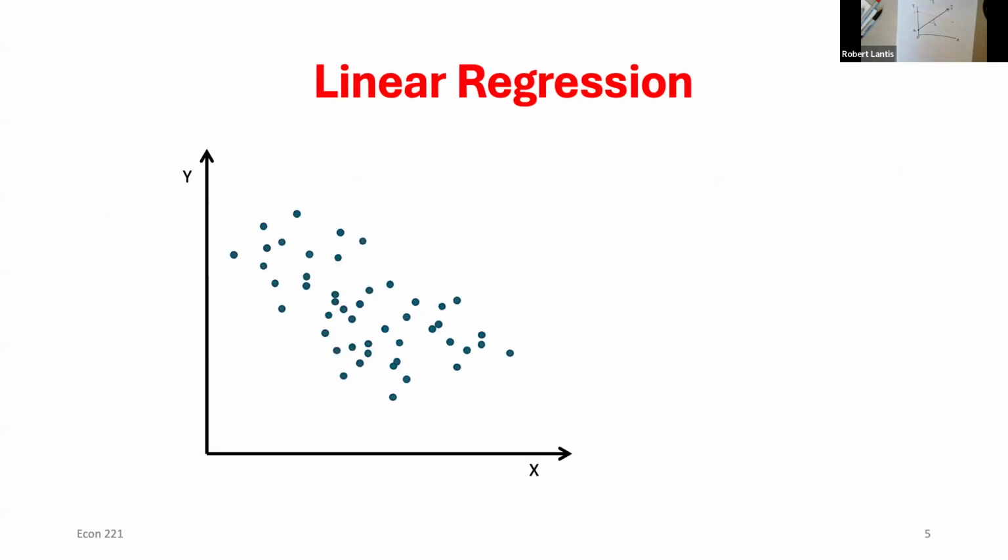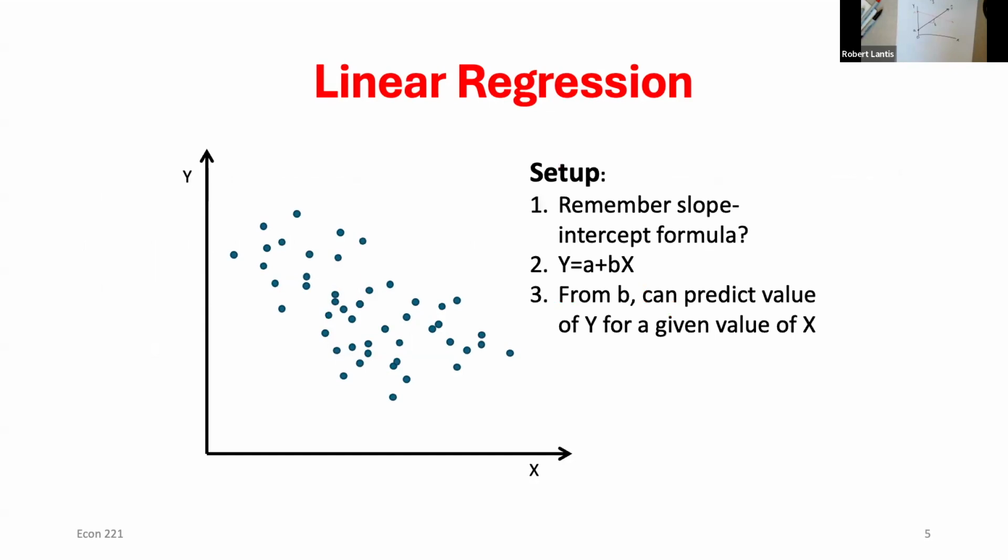Maybe I had a data set, and I plotted every single observation, like a scatter plot from the beginning of the class. You can imagine drawing a line that best fits this data. You can see that when X values are higher, these Y values tend to be a little bit lower, and when X values are lower, Y values tend to be a little bit higher.